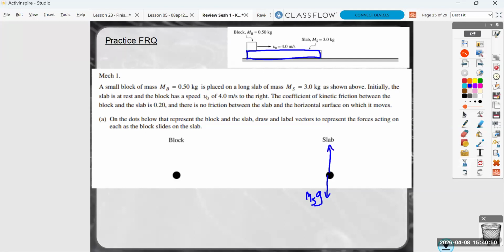I'm going to go ahead and call that Fn. I could call it FNS if I really wanted. And what else am I going to have on the slab? The block. I'm going to call it FNB, F of B on S.